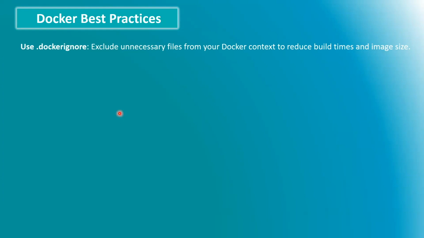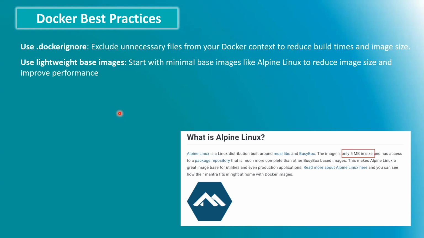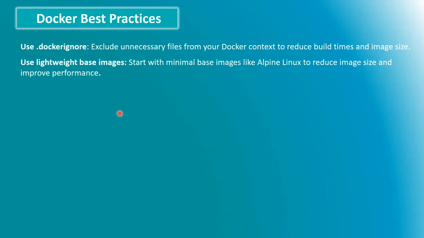The .dockerignore file is similar to the .gitignore file for Git. If you are familiar with Git, then you should know the .gitignore file. Next, use lightweight base images. If you remember, during the custom container demo, we used Node.js Alpine, which was about 5 MB in size. If you are using a jumbo base image, then your custom image size will grow unnecessarily.